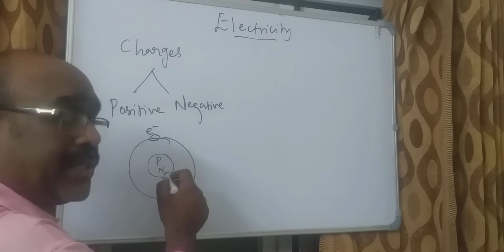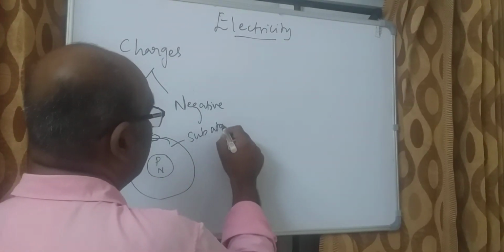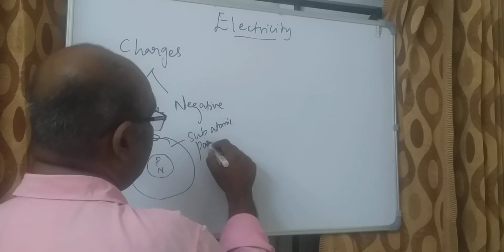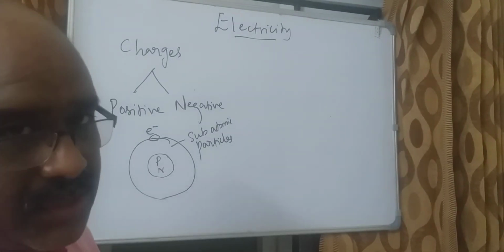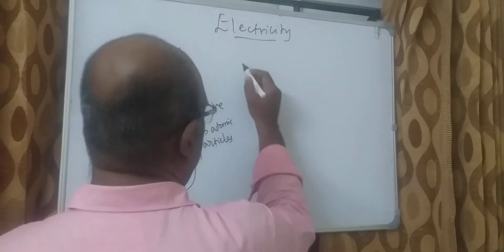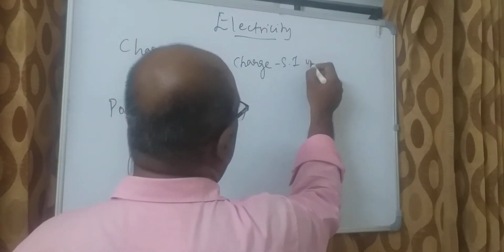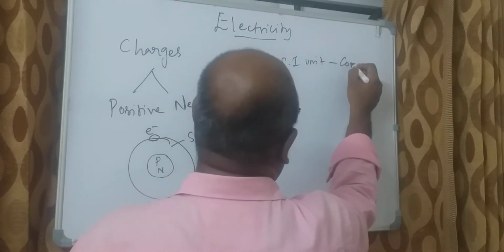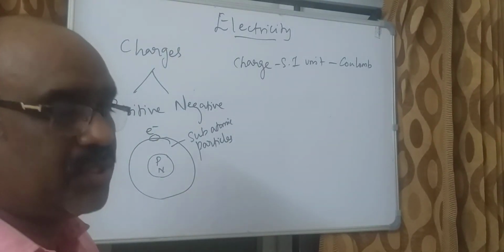The proton, electron and neutron are called subatomic particles, and that is nothing but the charges. The SI unit for charge is Coulomb.